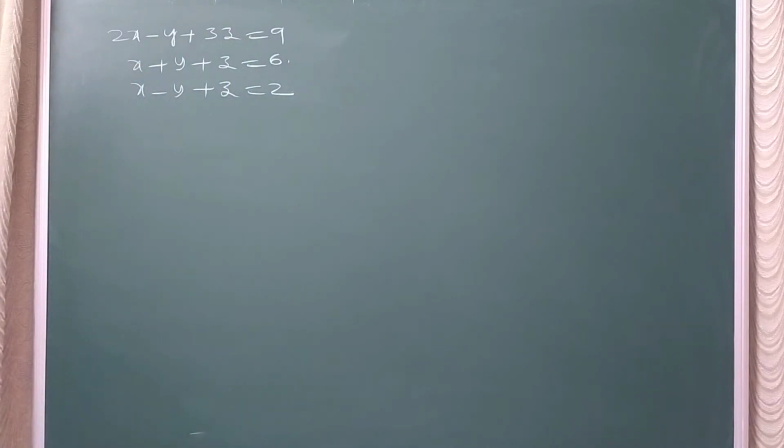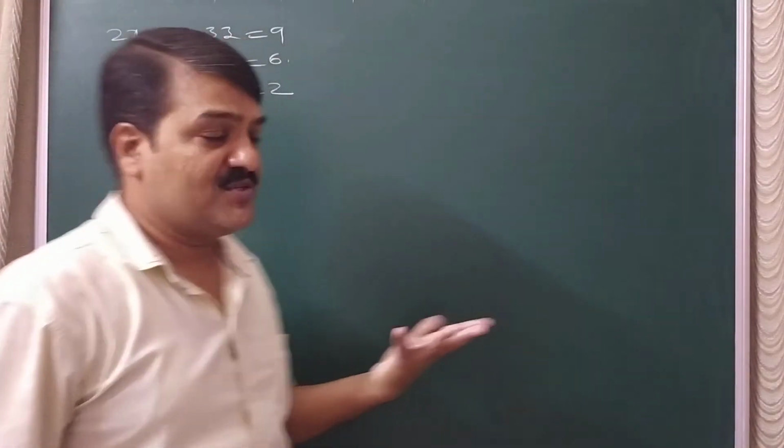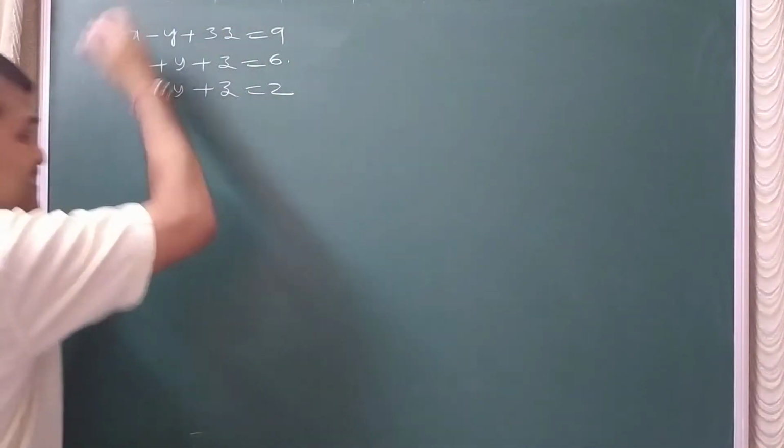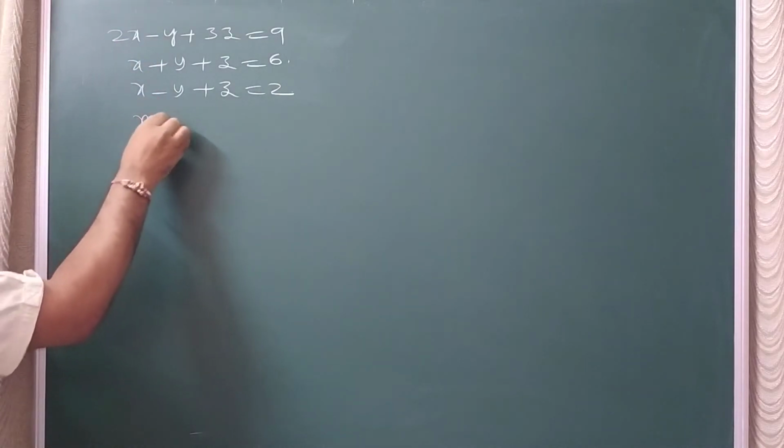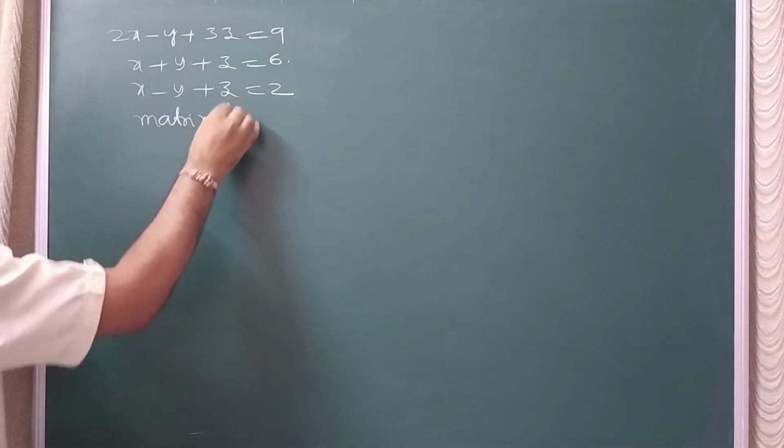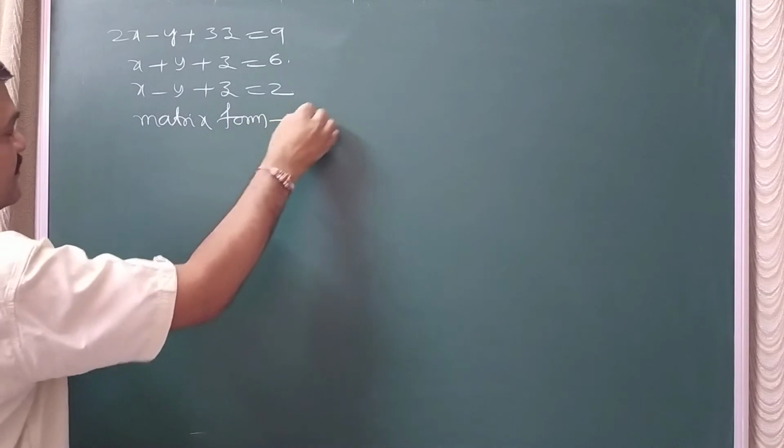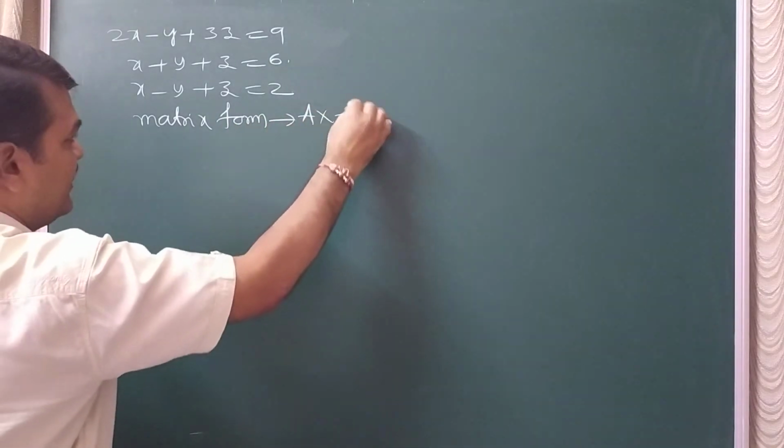So this is the system of equations we have to solve using Cramer's rule. Therefore this system of equations written in the matrix form is Ax is equal to D, which we know very well.